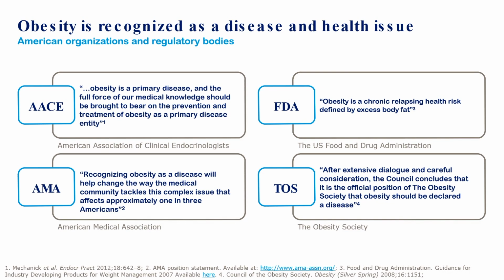What is clear is obesity is now recognized as a disease and a health issue. And looking at the American organizations and regulatory bodies, it's thought to be a relapsing chronic disease that needs to be treated, that has morbidity and mortality associated with it, according to the American Association of Clinical Endocrinologists, the US Food and Drug Administration, the American Medical Association, and the Obesity Society.